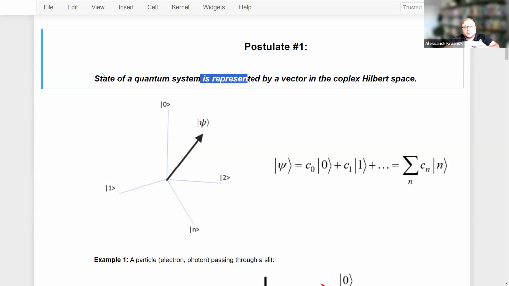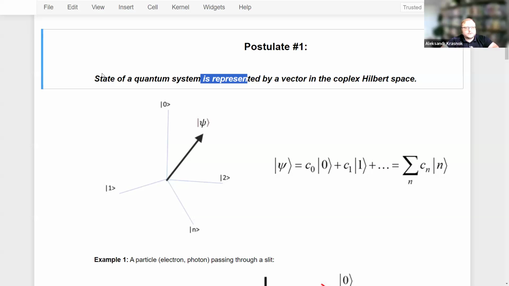It is not a cloud because we always detect the electron localized in one point. But before we detect it, it's spread somehow in the form of kind of a cloud, but it's not a cloud.